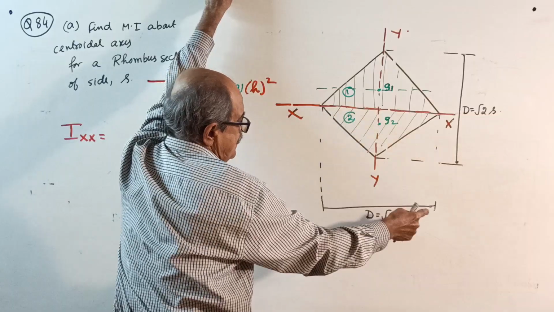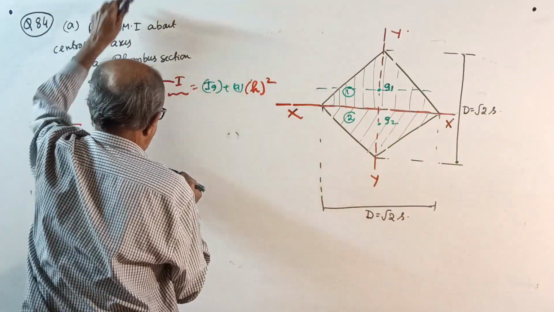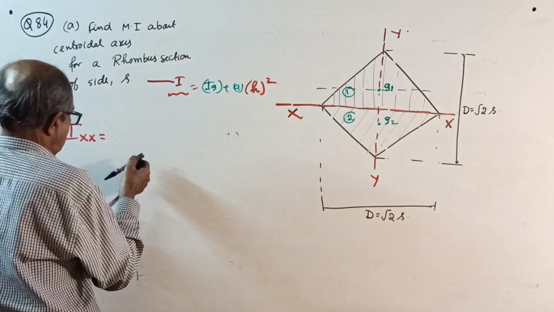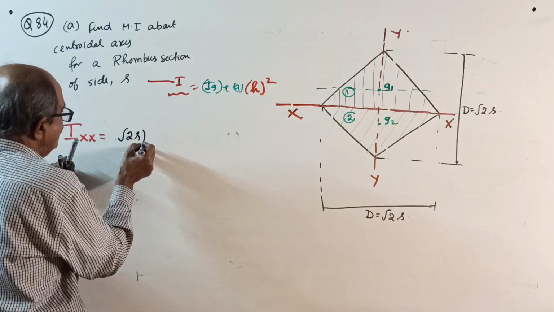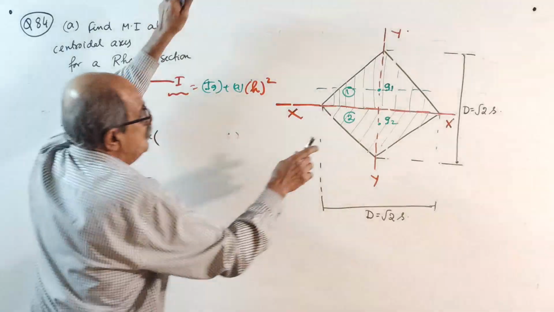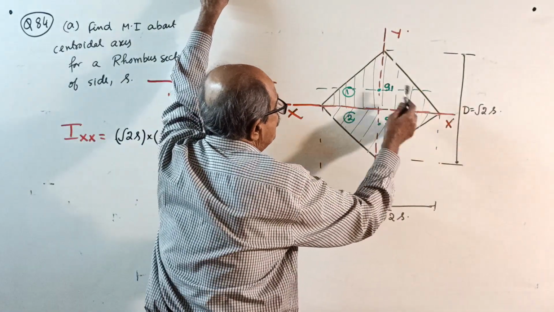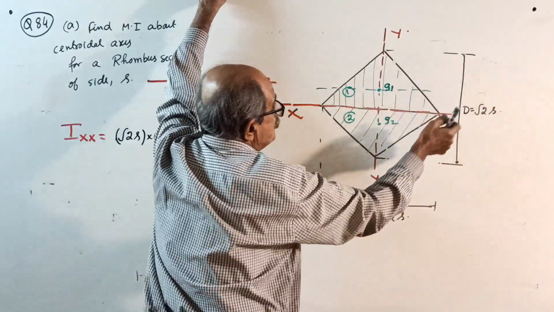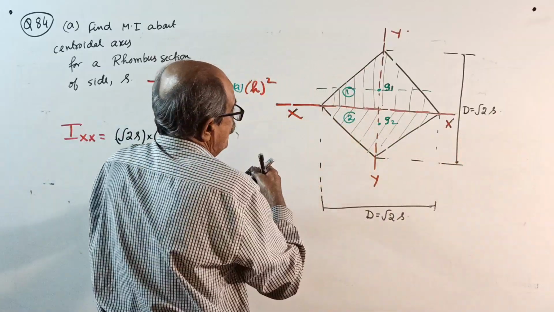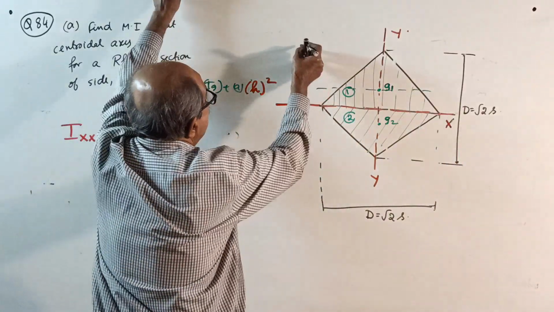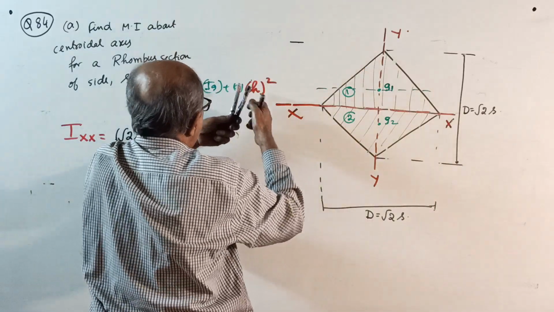Parallel side is root 2s. Root 2s is one side, into parallel side into height. You should mark here. If the D is root 2s, you write somewhere here.